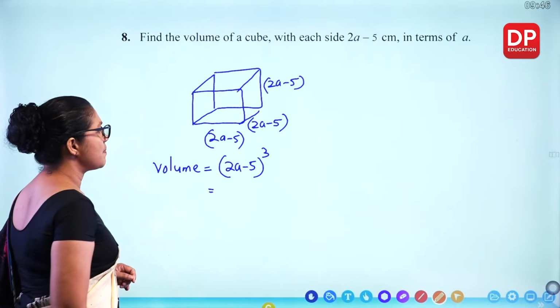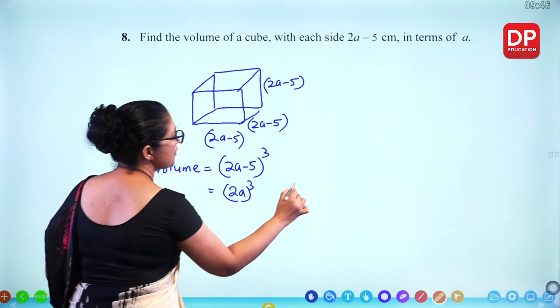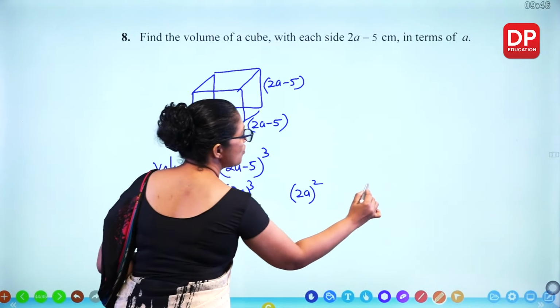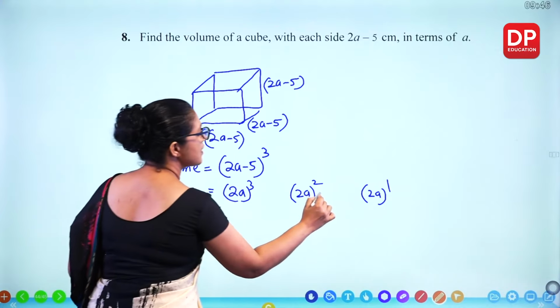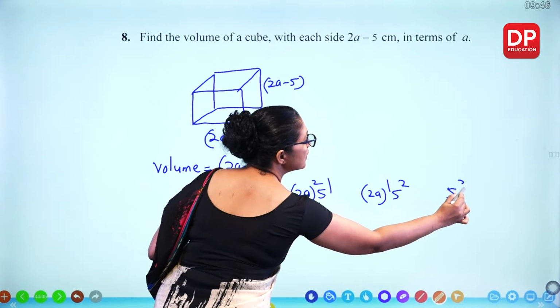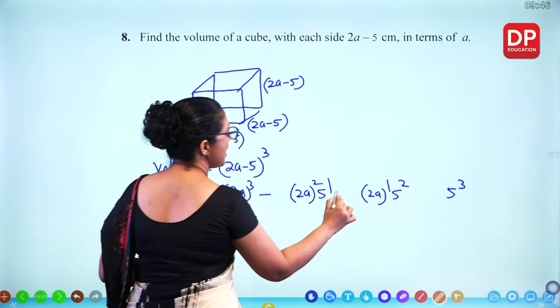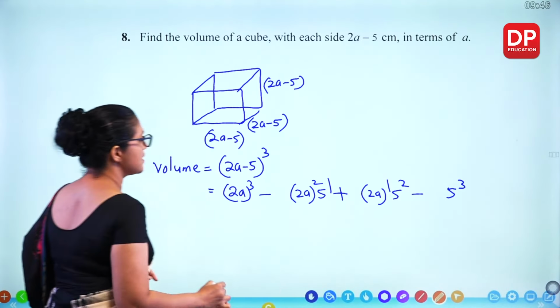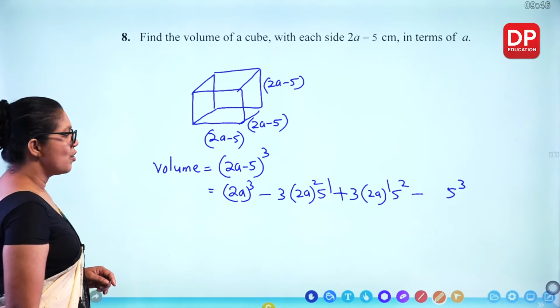Now we need to expand and write down. So here what's the expansion? First term is 2a. So power 3, power 2, power 1. Last term is 5. Starting from here, power 2, power 3. And this is negative. First term positive, negative, positive, negative. And make sure that you put 3 for these two terms.